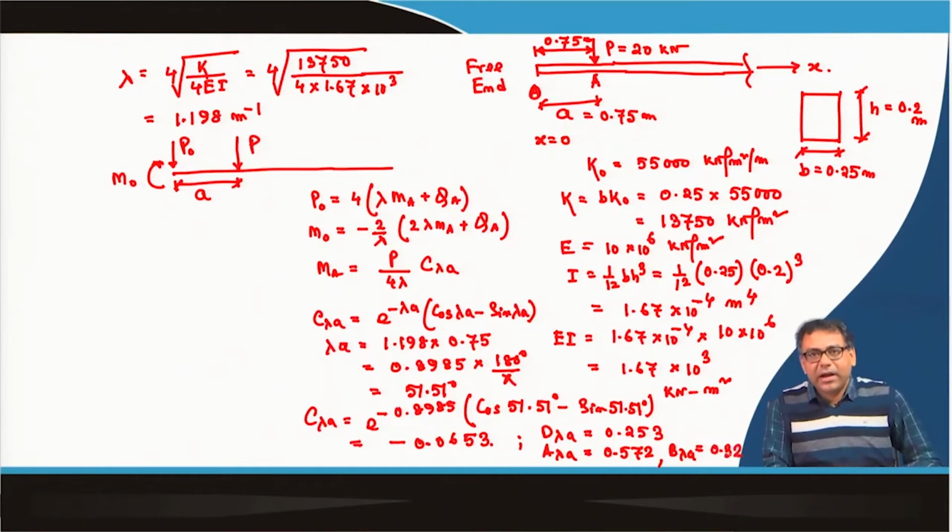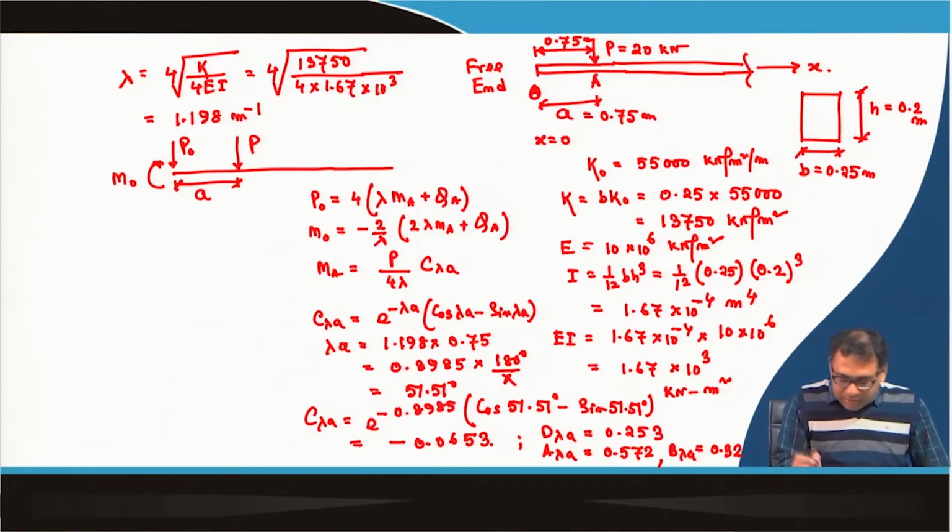In a similar way that I have calculated C lambda A, I can calculate D lambda A. A lambda A is equal to e to the power minus lambda A into cos lambda A plus sin lambda A, and B lambda A is equal to e to the power minus lambda A into sin lambda A. So, if I put all these values, then I will get A lambda A, B lambda A, C lambda A, D lambda A.